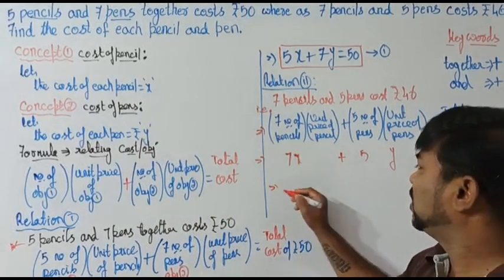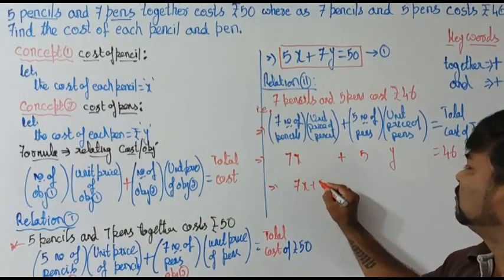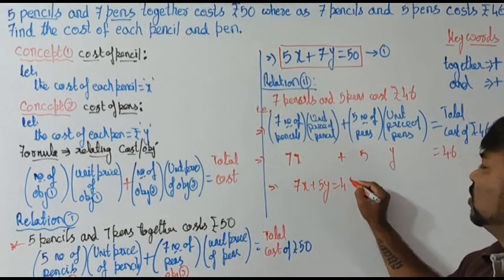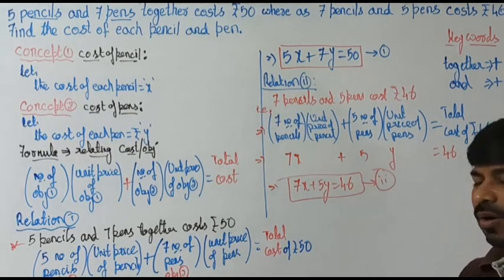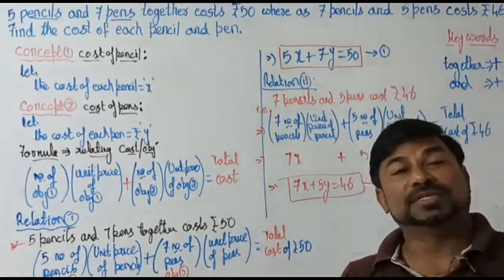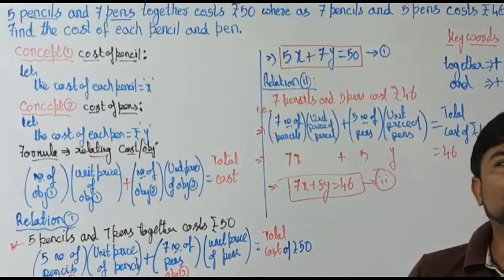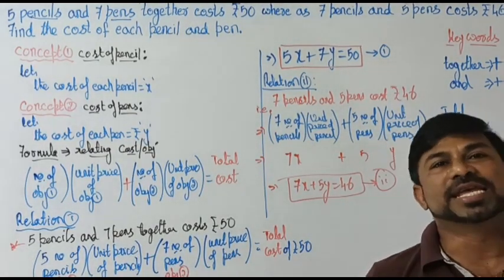Straight away we are writing it as 7x plus 5y equals 46. This is the equation 2. I'm dealing with the sum in such a way that you can relate this model with anything.